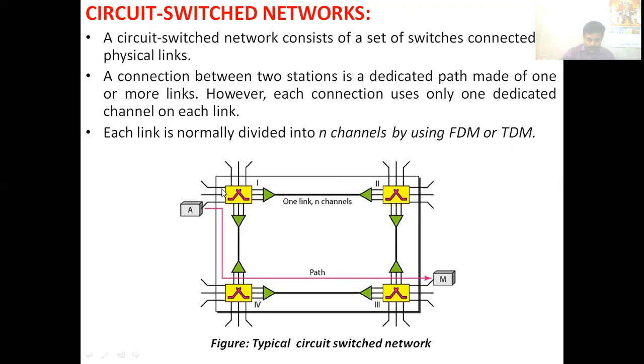This is switch 1, switch 2, switch 3, and switch 4. Each switch is having links, and the links have channels, and these channels are multiplexed. This triangular symbol indicates the multiplexing operation.